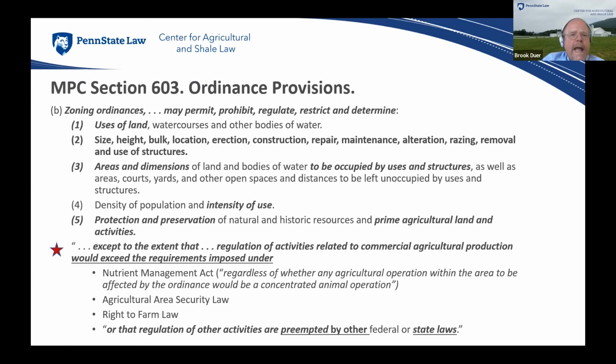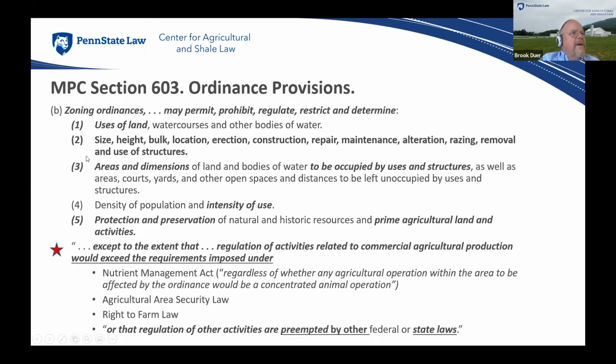Okay, now let's look at the basic authorization or enabling portion of the MPC for what it says about agriculture. Zoning ordinances may permit, prohibit, regulate, restrict, and determine uses of land. There it is. There is the prime directive of the MPC.